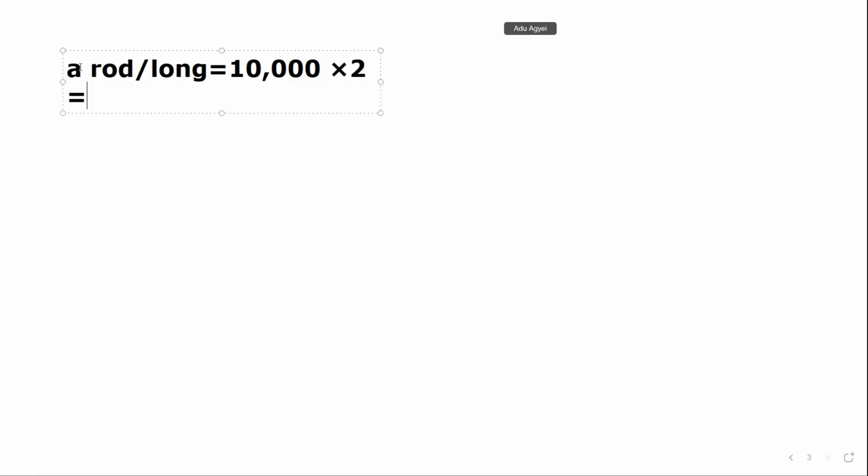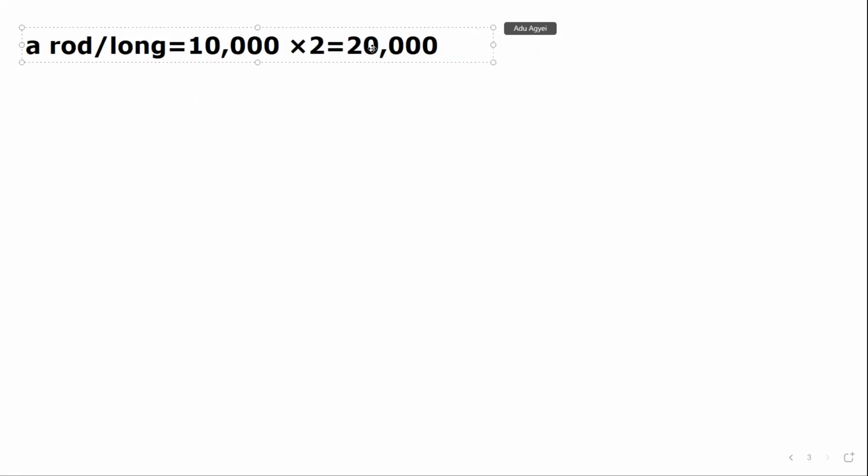That will be equal to 20,000. Good. Which means that we will draw 2 rods to represent the 20,000, because one rod will be used to represent the 10,000. Okay, good.